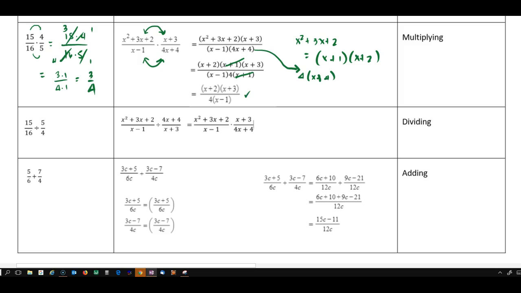We're left with this. So in multiplying, you multiply across numerator and across denominator. You factor what you can factor. And cancel common factors.